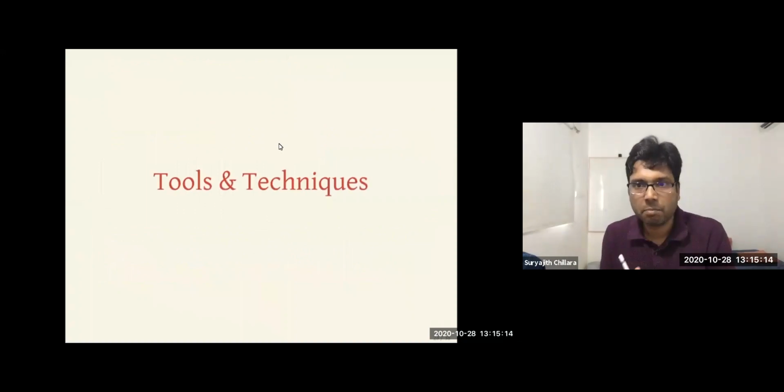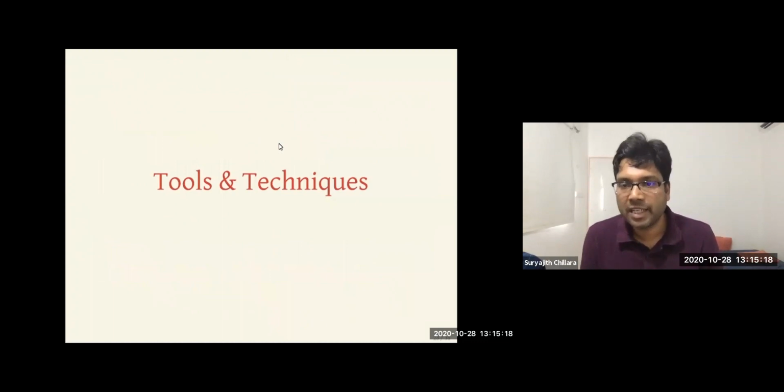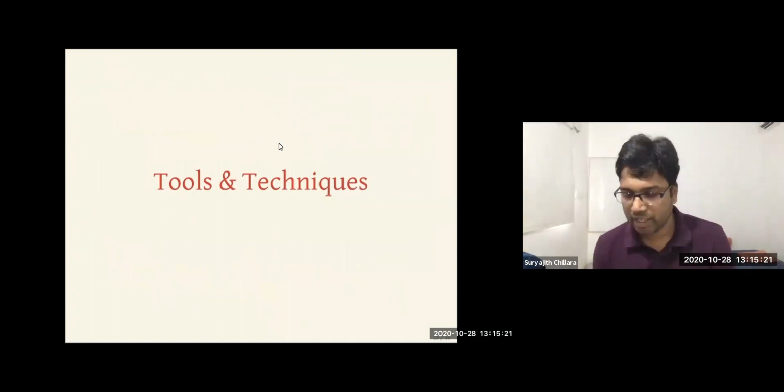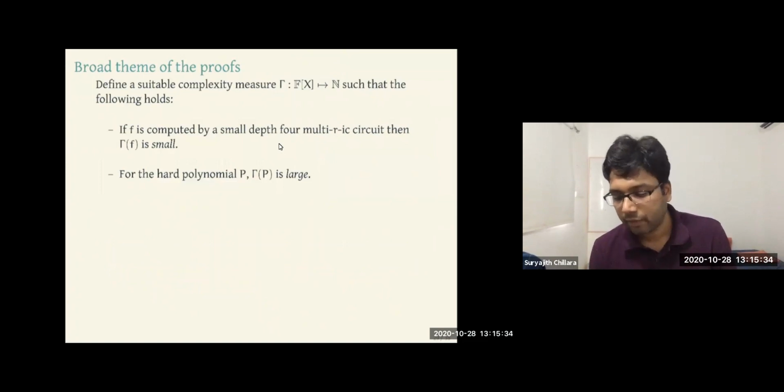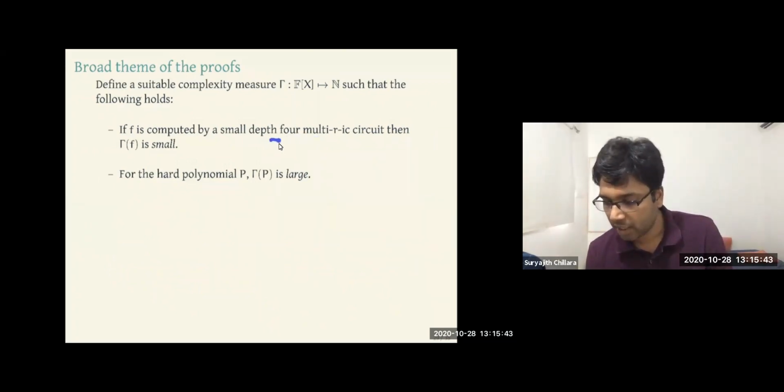Let me just broadly tell you how these results generally get proved, at least in the multilinear setting. So let's look at tools and techniques. The broad theme of this is as follows. We define a complexity measure for a polynomial such that the following happens. If the polynomial is computed by a small depth-4 multilinear circuit, or your computational model, then the measure should be small.